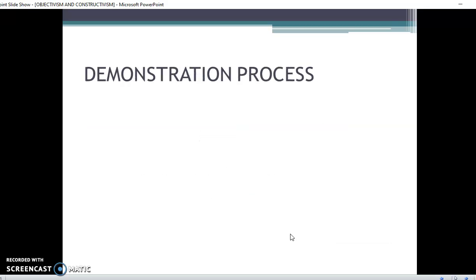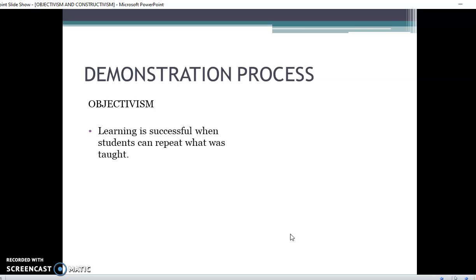Then the next point is demonstration process. Now it is the next criteria on the basis of which we would differentiate objectivism and constructivism. So under objectivism, learning is successful when students can repeat what was taught, and it focuses more on quantity than quality.